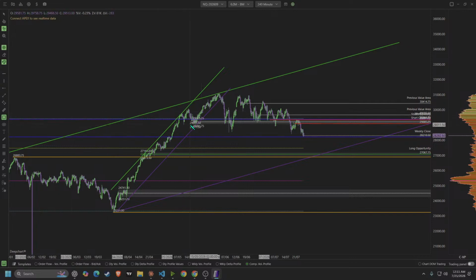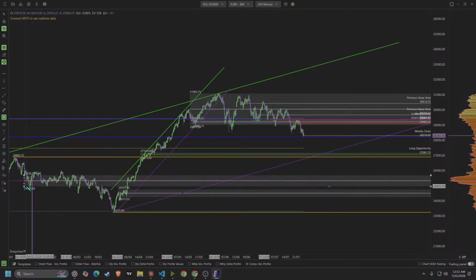Then we found value, established it, jumped around a little bit, and now we're rejecting it, going back into price discovery. And we're going to land somewhere where there was previous value. And that doesn't look like anything until we get to here.